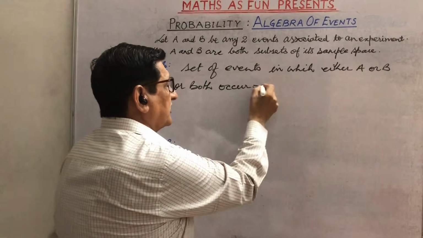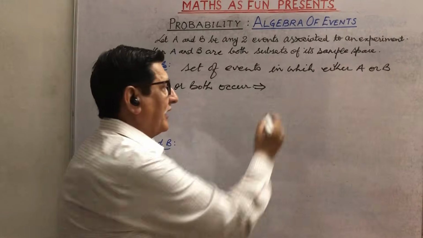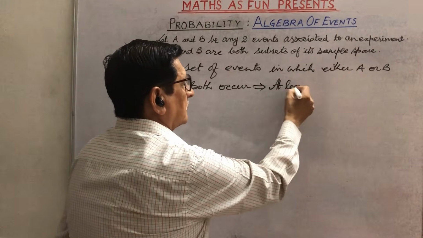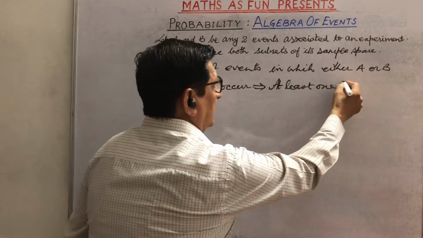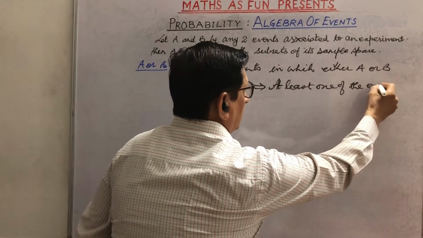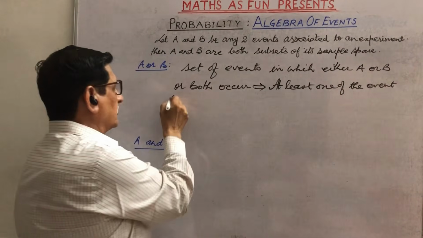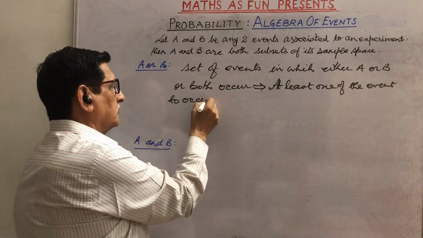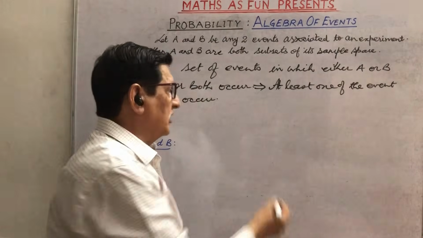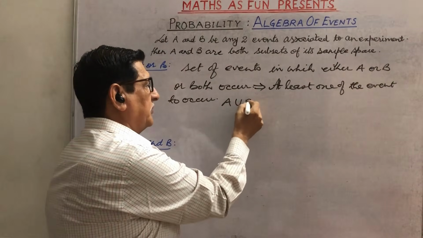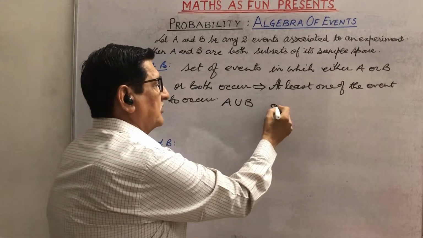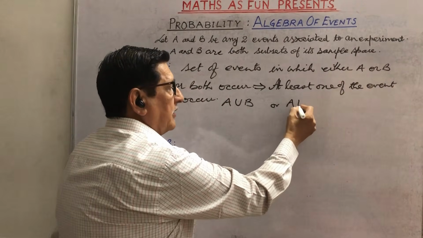We can also say that at least one of the events occurs. This we generally represent by A union B, or sometimes we also represent it as A plus B.